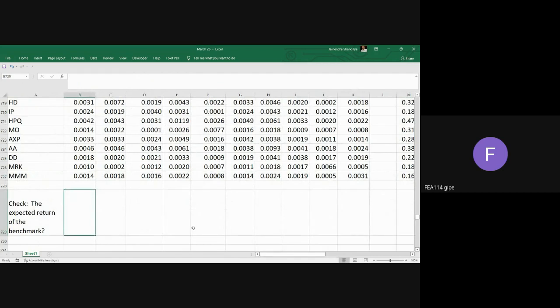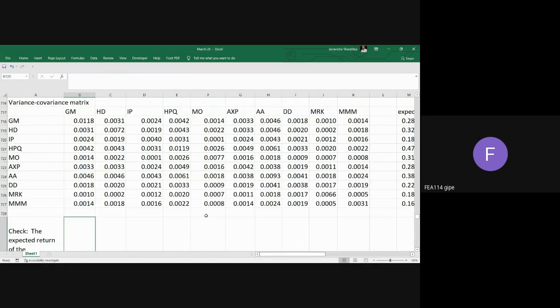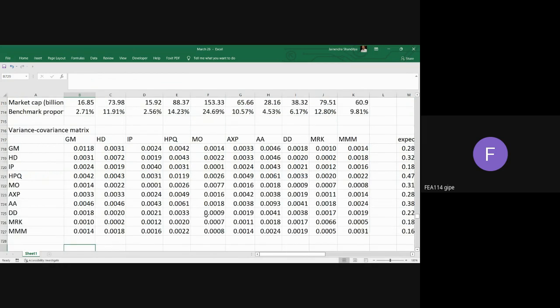So I need to check what my expected return is if I have this. This is the expected return of the portfolio, and this is the proportion in which they are employed.